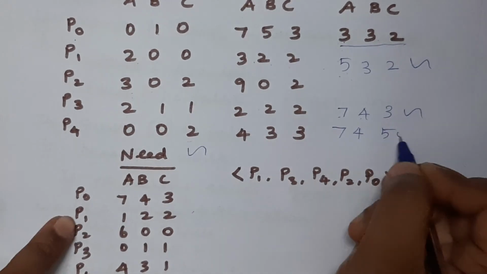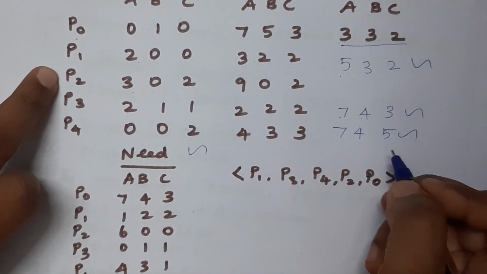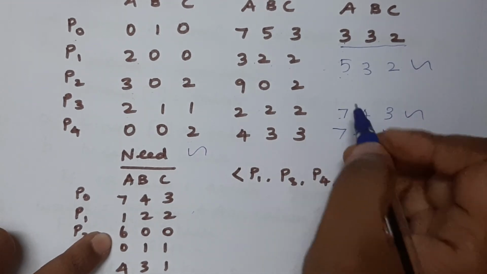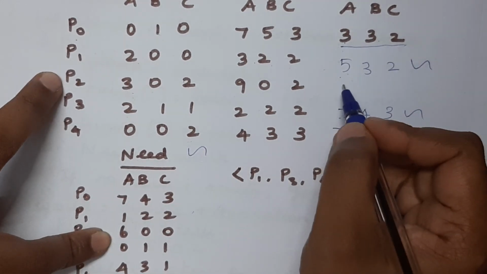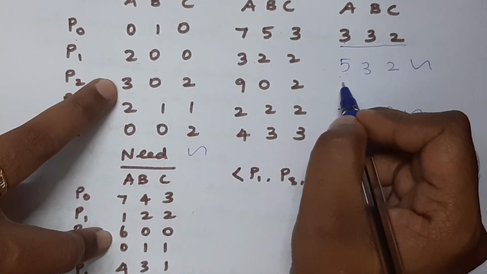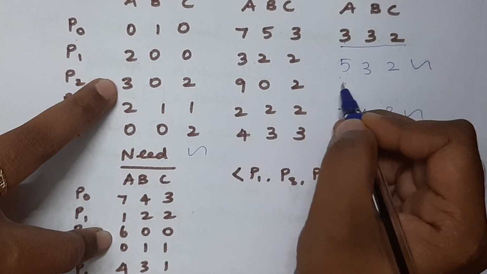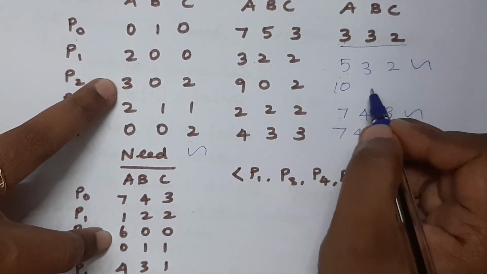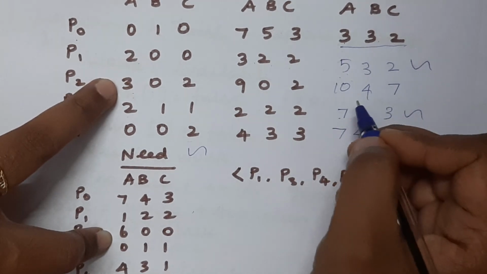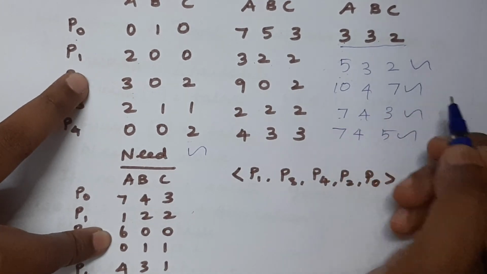Okay, and the next one in the sequence is P2. So P2 need is 6, 0, 0, which is lesser than the current availability, so we can allocate it. And after the allocation, we will be getting the entire resources by P2, so that is 10, 4 plus 0, that is 4, and 5 plus 2, that is 7, right.